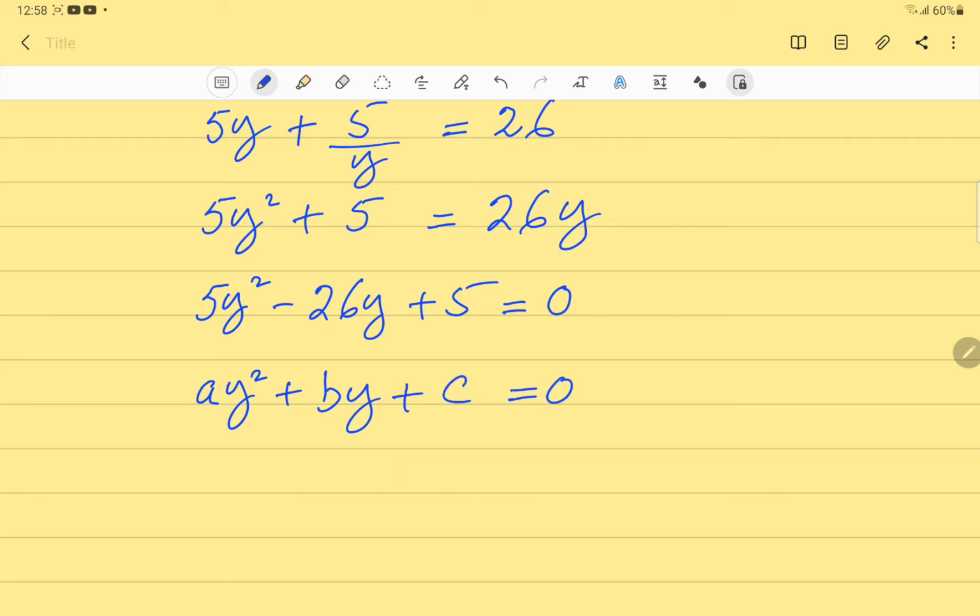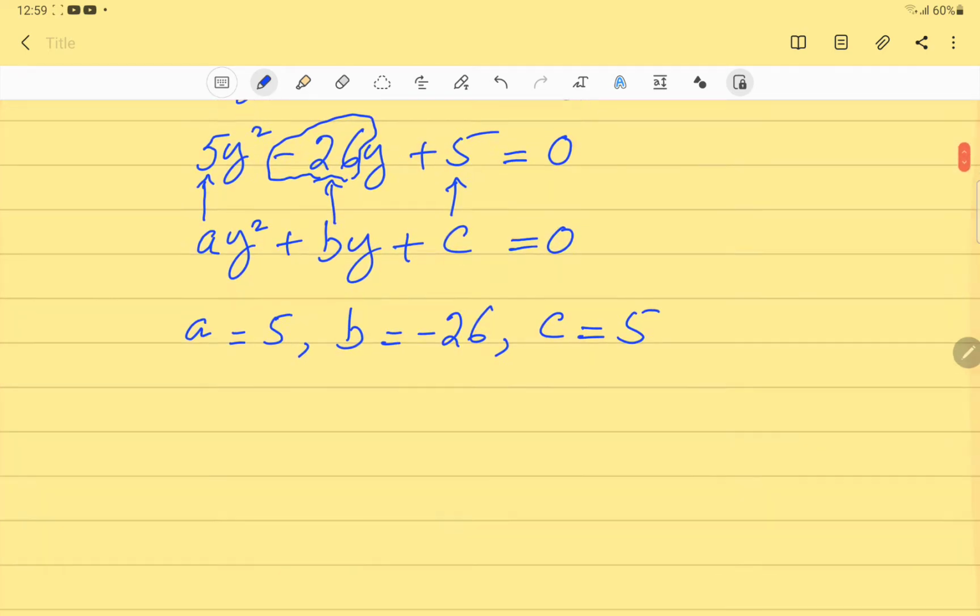When we compare these two equations, we come to know that a is equal to 5, b is equal to minus 26. Never forget to take the minus sign along with the number if it is there. And c is equal to 5. So a is 5, b is equal to minus 26 and c is equal to 5.